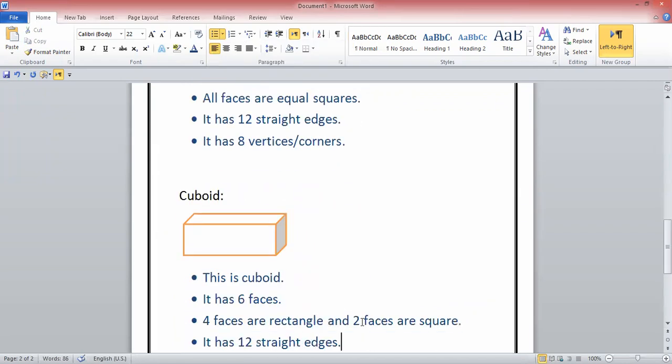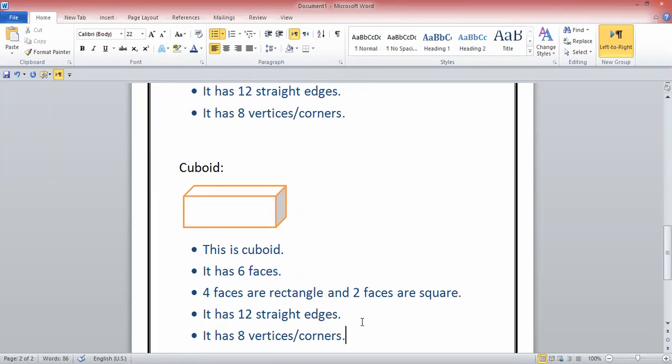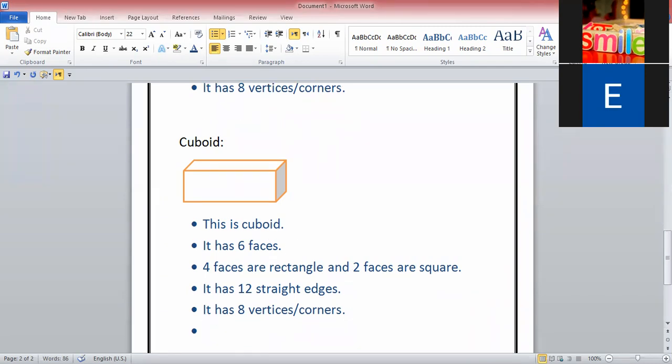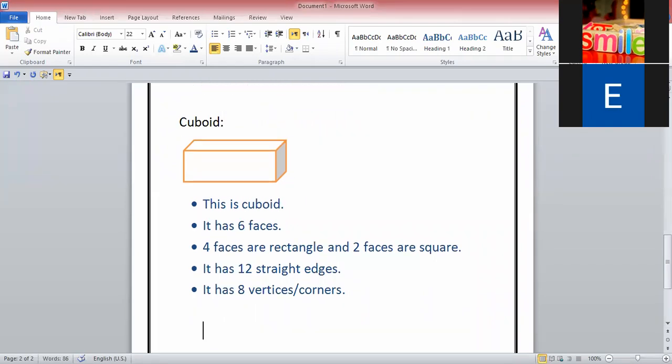So you have learned about cube and cuboid. Now we are going to complete it fast, and learn the third shape, which is cylinder.